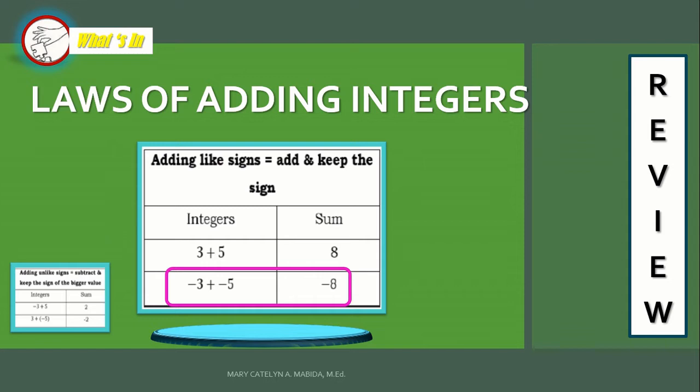Keep in mind, we are adding their absolute values. And what sign do we keep? It is negative because negative 3 and negative 5 are both negative. And so, their sum will also be a negative number. So, negative 3 plus negative 5 is negative 8.